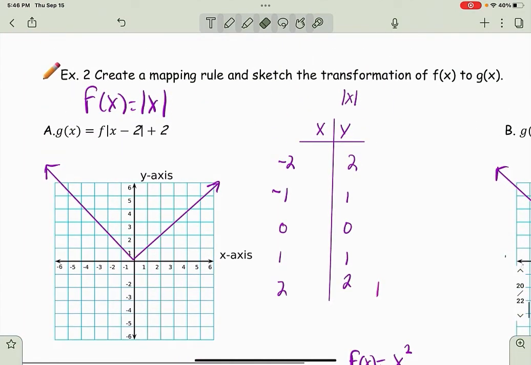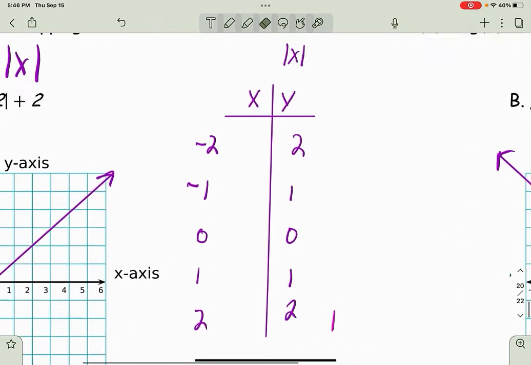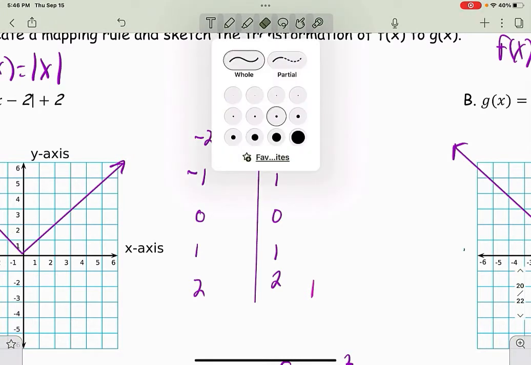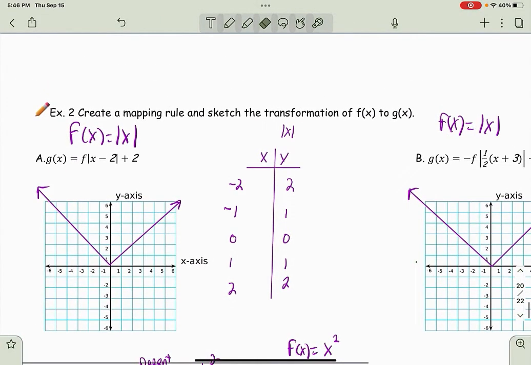So first thing that I did is in purple, I wrote the parent function. I also graphed the parent function on all these graphs so that you could see the difference after the transformation. Also, our table of values, notice we have negative 2, negative 1, 0, 1, 2, and the corresponding y of the parent function there as well.